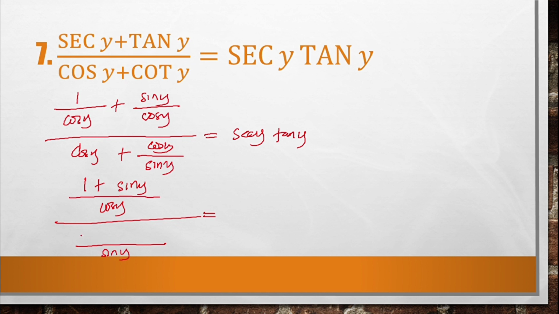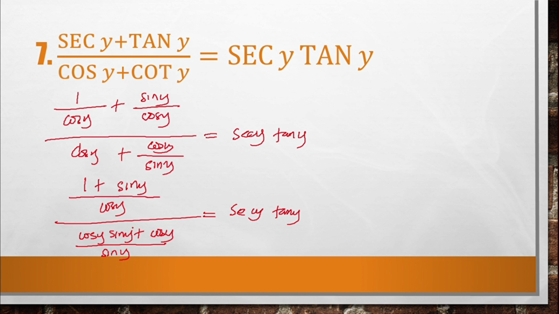So therefore we have here cos y sine y plus cos y. Because sine y divided by sine y, the result is 1 times cos y, the result is cos y, is equal to sec y tan y.